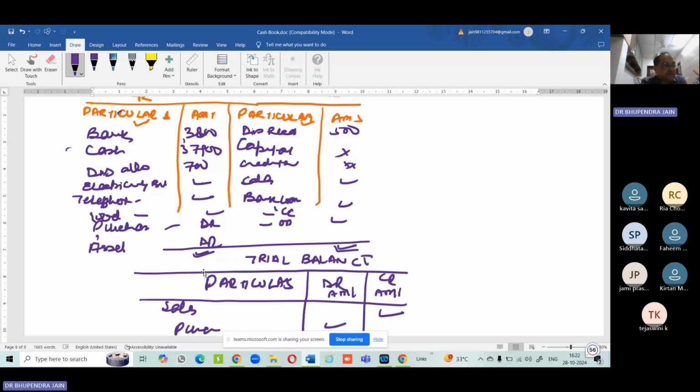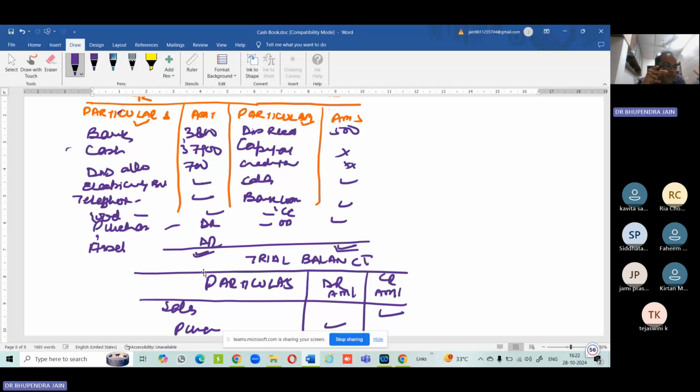So in the next class, we will discuss the trial balance, different types of errors and how to rectify them. What type of entry we have to pass at the time of rectification of error, because I already told you in one of the classes, you cannot use a mobile phone in the examination. You can use only a normal calculator to make the total.